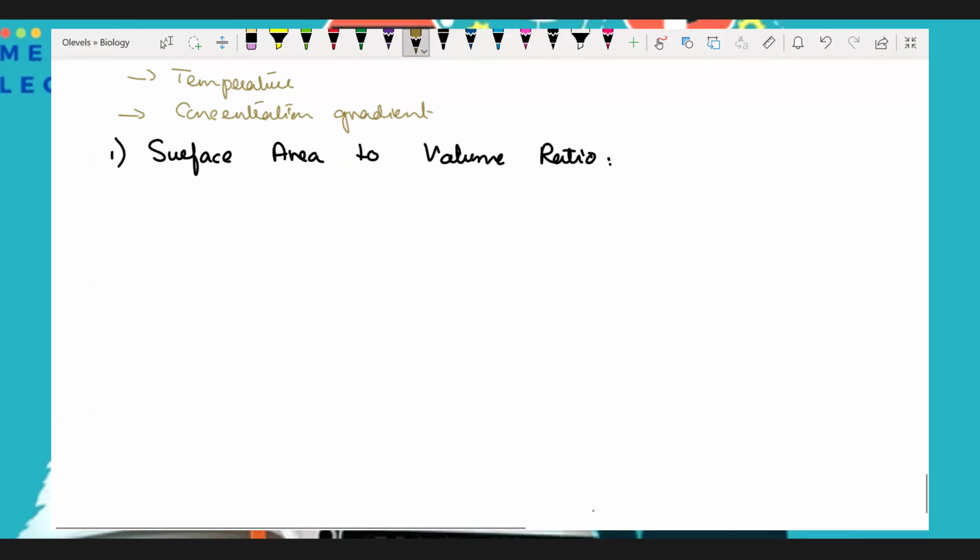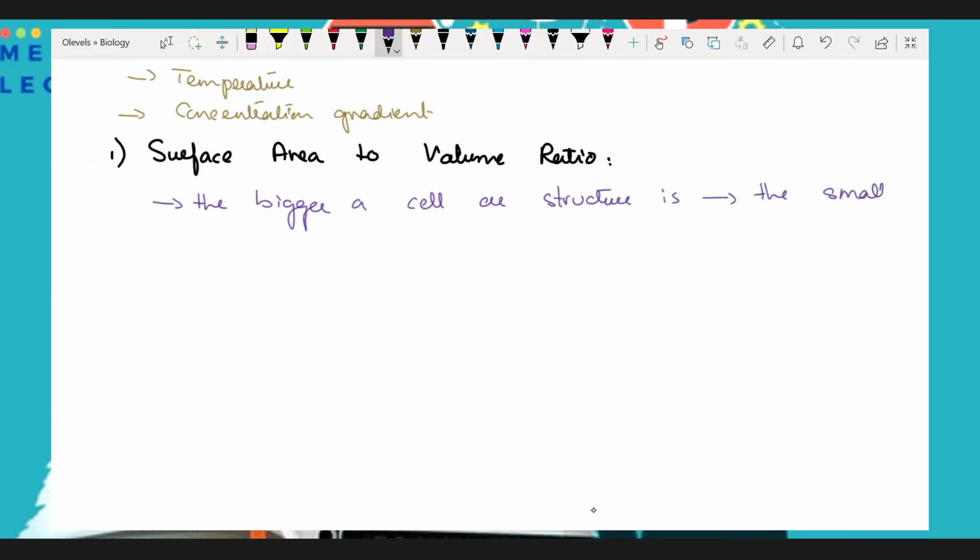For example, we can say the bigger a cell or structure is, the smaller its surface area to volume ratio is.